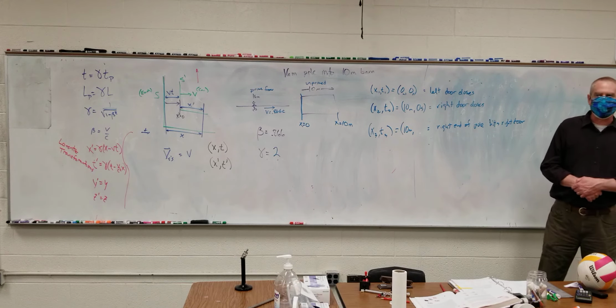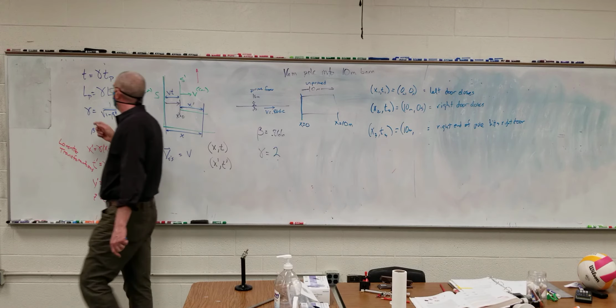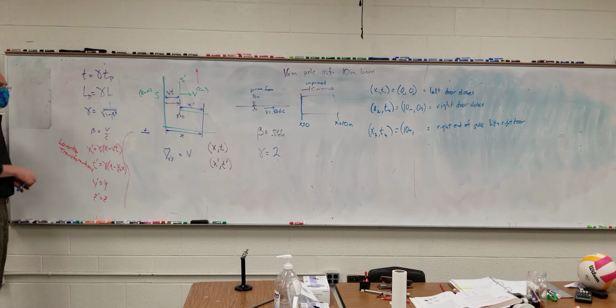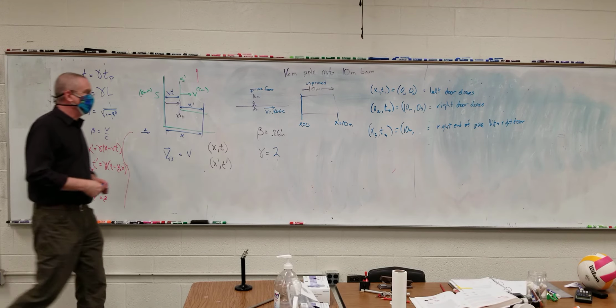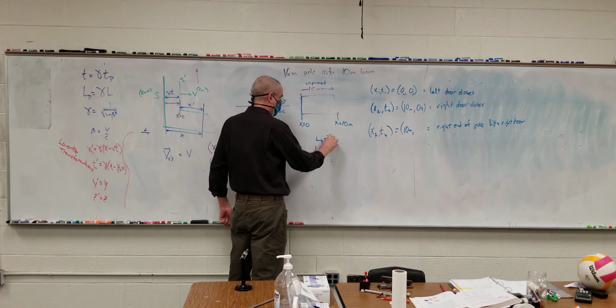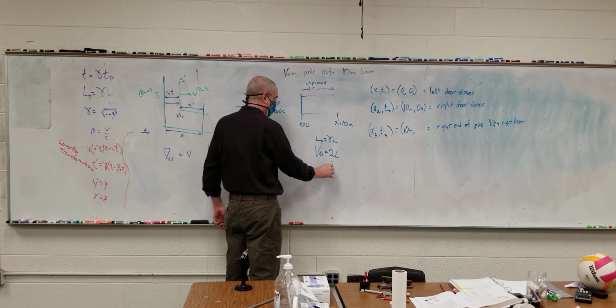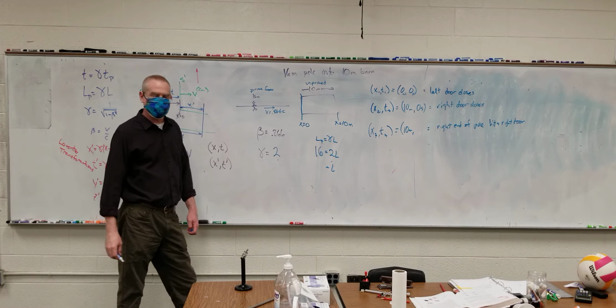We're dealing with length contraction. What's the proper length? 16 meters. So we have L_P is equal to gamma times L. 16 is equal to 2 times L. Length is 8.